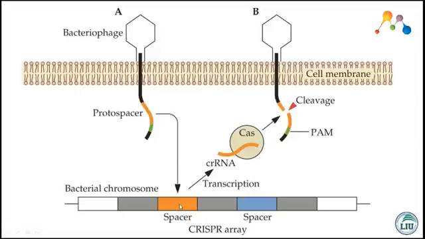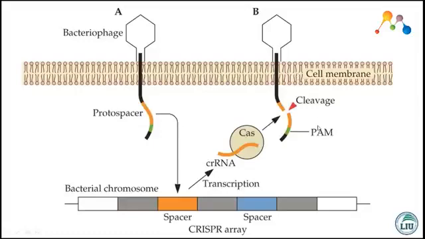Every one of these spacers will be used by the cell, by the RNA polymerase, to synthesize what we call the CRISPR RNA, which will be used to target this DNA once the bacterial cell is subsequently infected with the same bacteriophage.